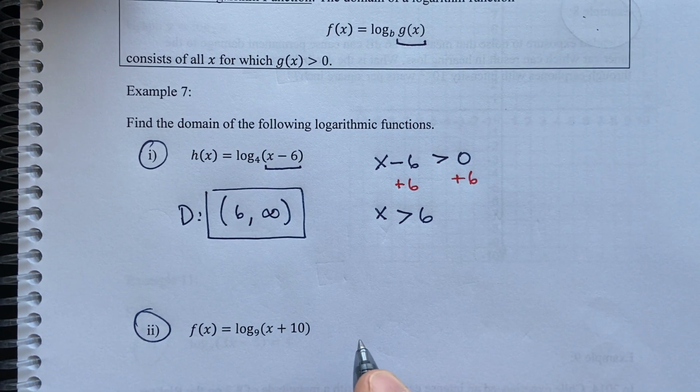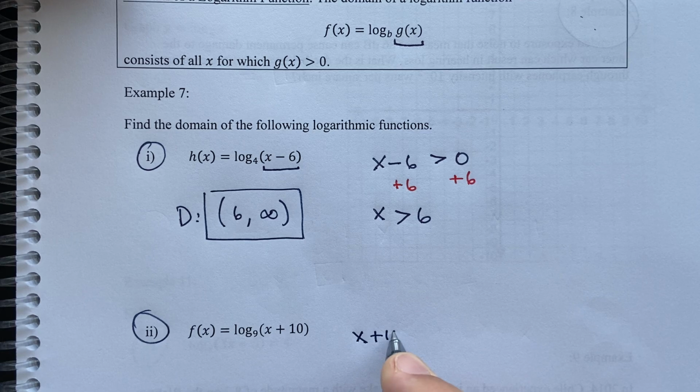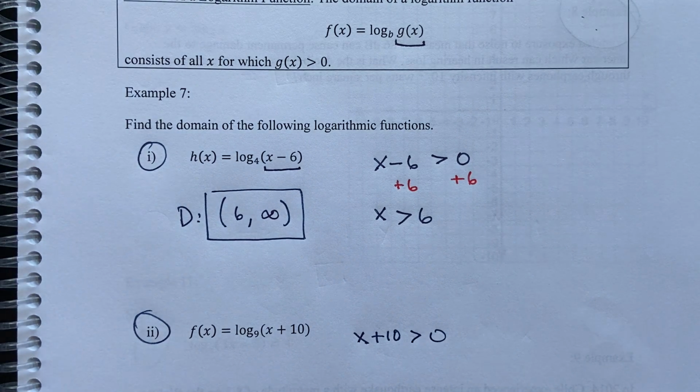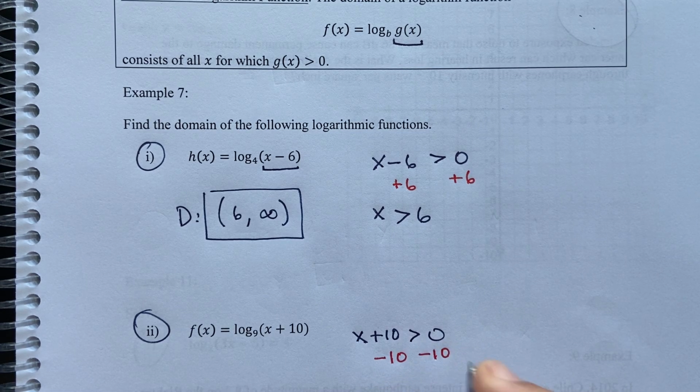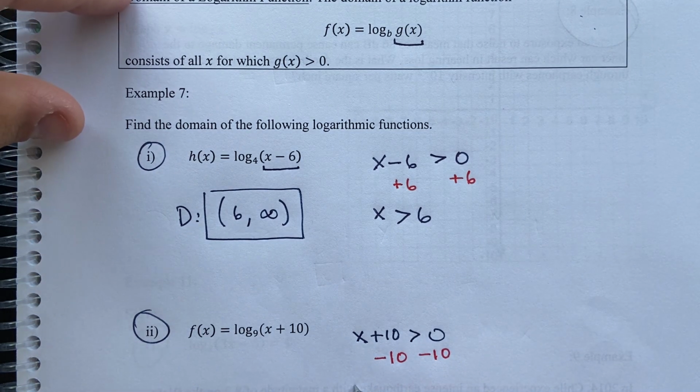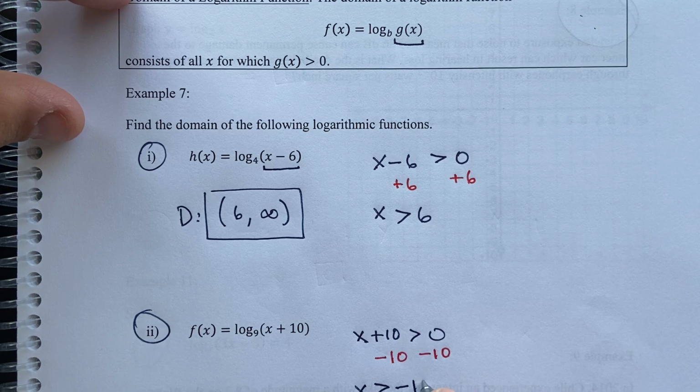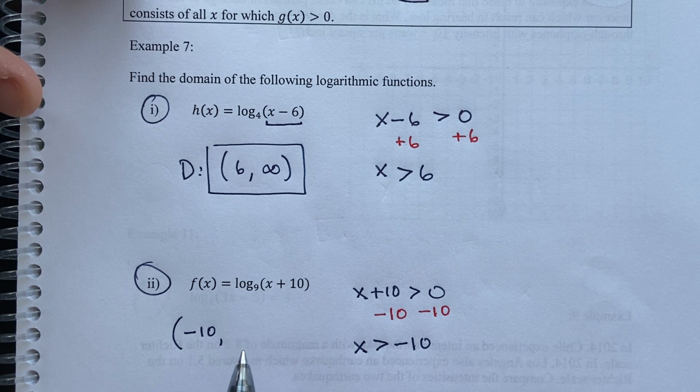For the next one, we're looking for when x plus 10 is strictly greater than 0. Subtract 10. So I'm getting that x needs to be greater than -10. So I'd have -10 using parentheses, because it needs to be strictly greater than, and then towards infinity.